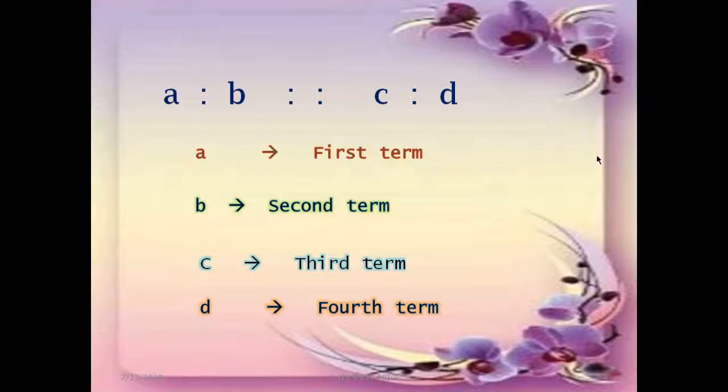The order is very important. Again, A is the first term, B is the second term, C is the third term, and D the fourth term.